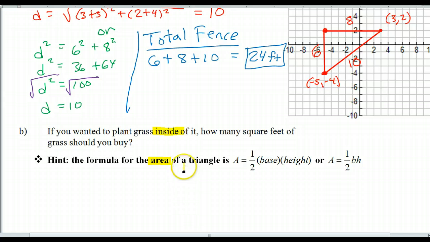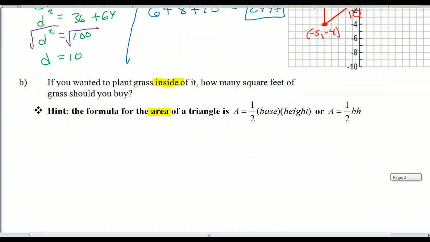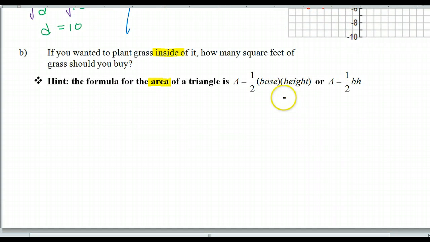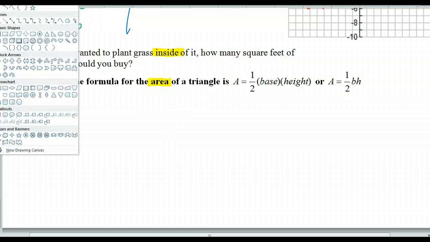Area, not length. So, it will be helpful to be familiar with the area of a triangle, which is 1/2 the base times height. In case you don't know what I mean when I talk about base and height, let me give you a couple quick examples.